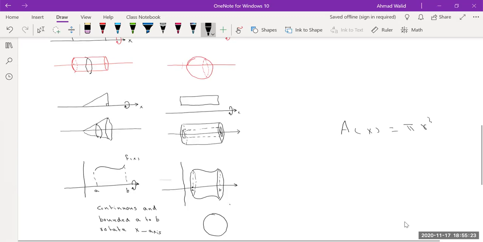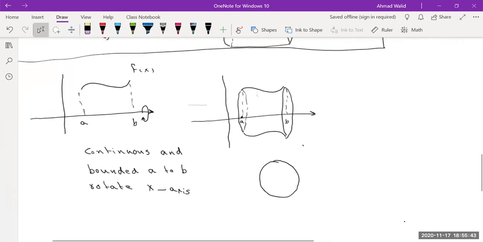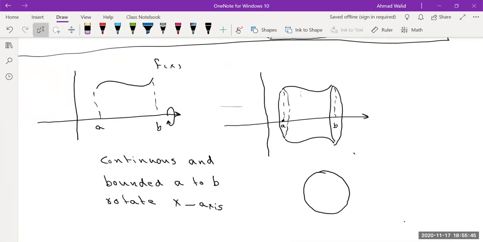For these shapes, we know the formula for all of them from geometry. But for this shape, I don't know, correct? Because the surface area will change from place to place. But if I make it a little bit bigger, from here to here, that's the radius, the radius r, right?